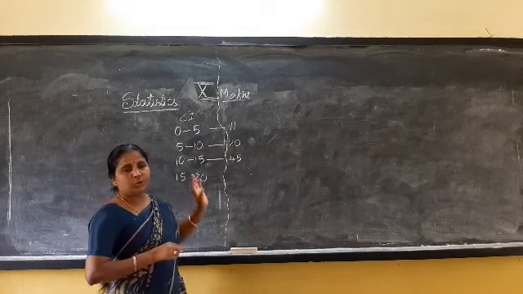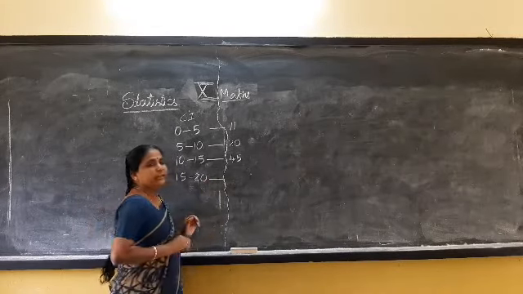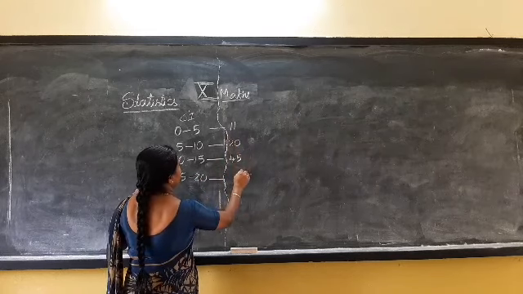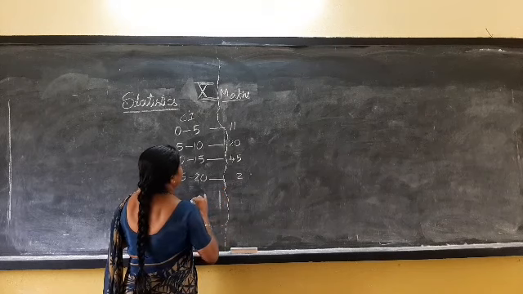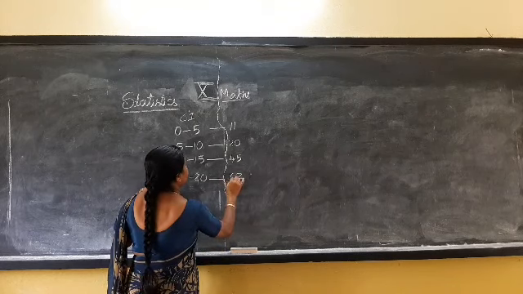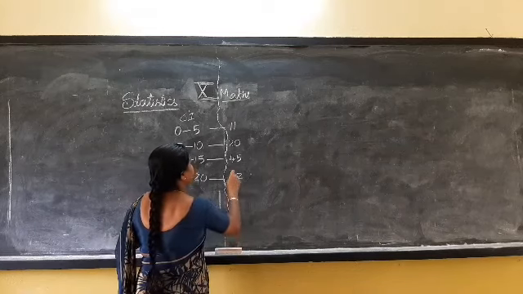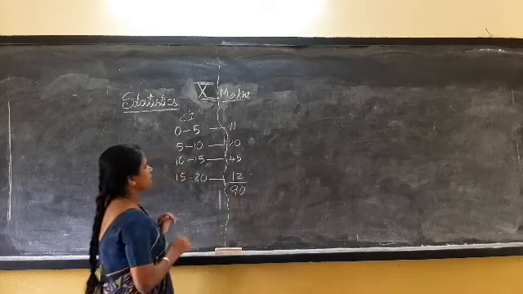And then 15 to 20, all the numbers will be included in this group, and suppose there are 12 students. Now you find the total 19 will get.